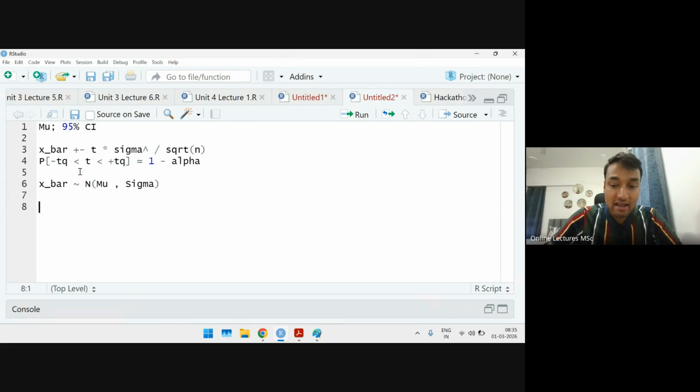When I take expectation of x bar, I know it is equal to mu, right? So that helps me work with respect to the population parameter mu.